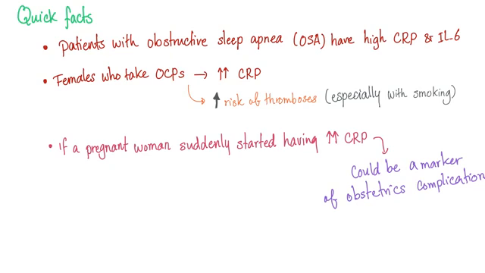If you're a female, as Dr. Golian said, if you're taking oral contraceptive pills and smoking at the same time, you're asking for a thrombus. This is very important. Don't mix those two together. If a pregnant woman suddenly started having high CRP during pregnancy, it could be a marker of an obstetric complication. Which complication? I have no clue because CRP is very non-specific, remember?